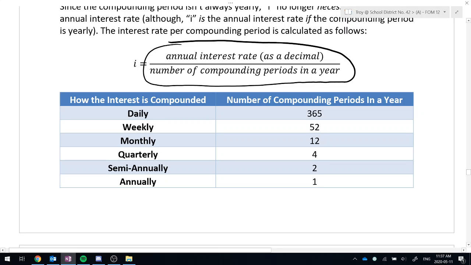So the number of compounding periods is 1. If it's semi-annually, that's every half year, every 6 months, so we compound it twice in a year. If it's quarterly, it's 4. If you compound it monthly, of course, there's 12 months in a year, so it's going to be 12 times that the interest is compounded. Weekly is 52, and daily would be 365.